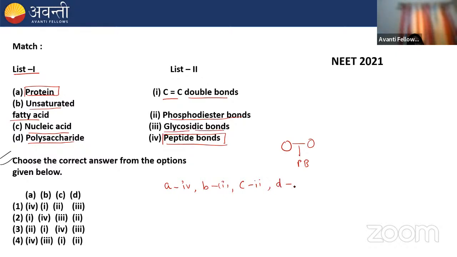So D is 3. So the correct option will be A4, B1, C2, and D3. So option 1 is the correct option for this question. Is that clear to everyone?